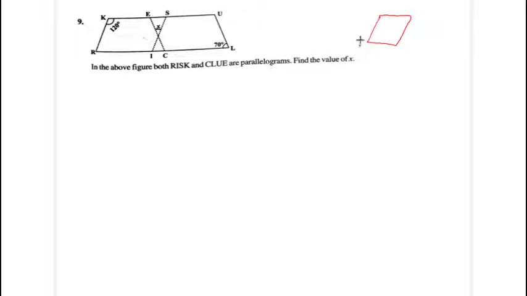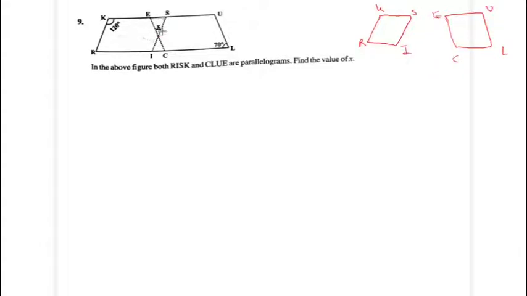Just a rough sketch, RISK, and CLUE. Now actually what they have done is they have brought these parallelograms together and they have intersected at this point, and that's why it has formed a small triangular shape.